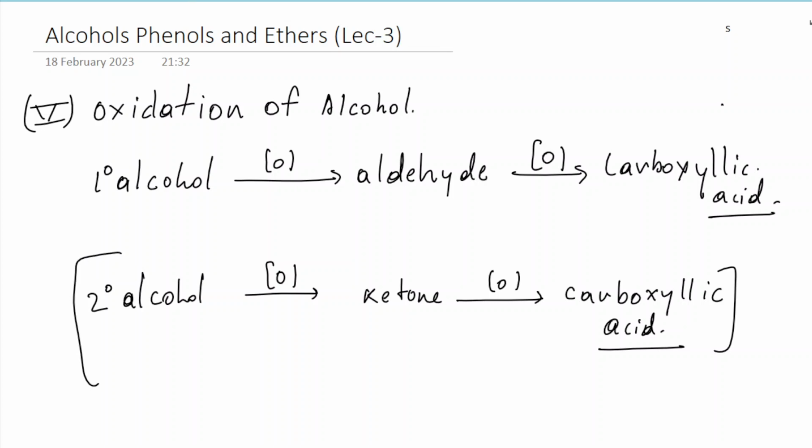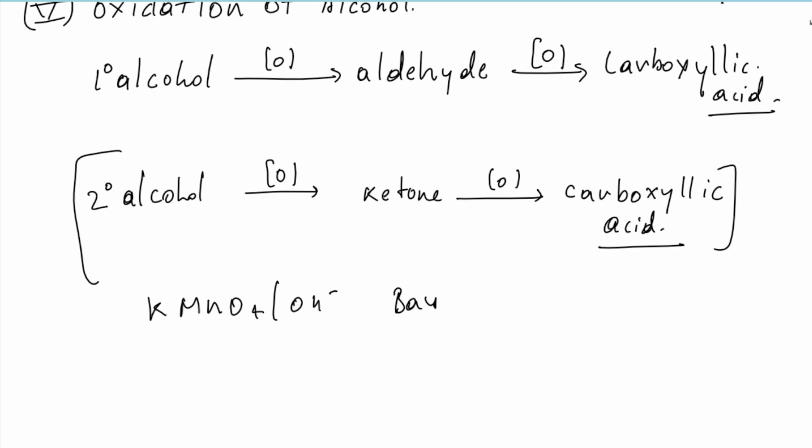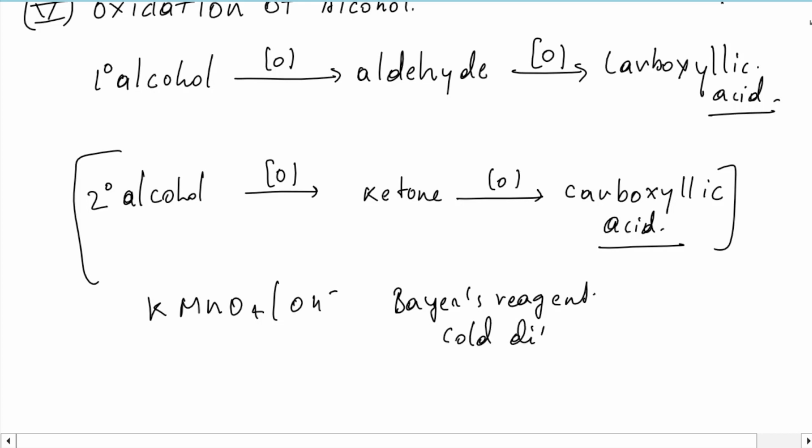For this conversion we can use KMnO4 in the presence of OH negative. That is known as Baeyer's reagent. What is Baeyer's reagent? That's basically dilute alkaline KMnO4.